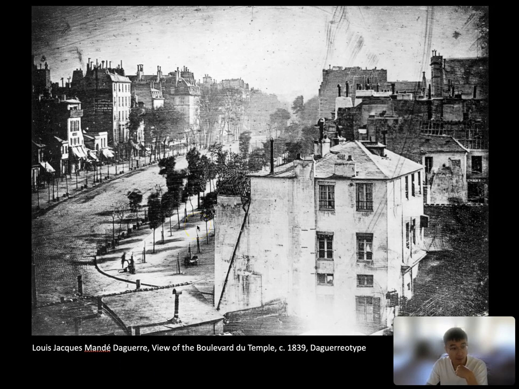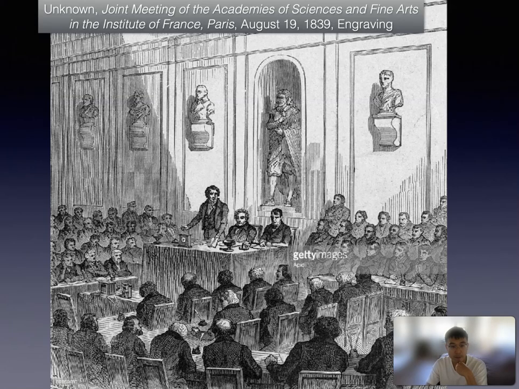You know, exposure time still long, but some kind of advancement, right? Some kind of progress. A big progress, rather, to a point that the Academy of Science and Arts in France in 1839, right?